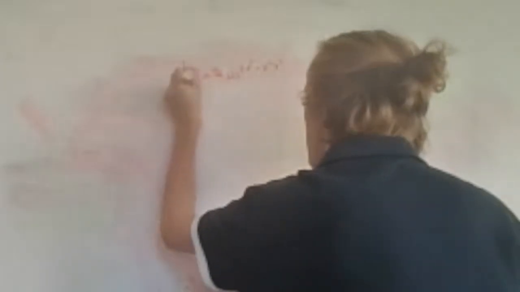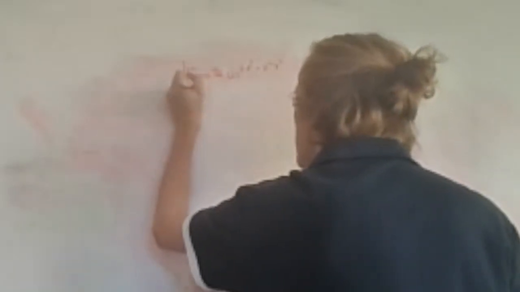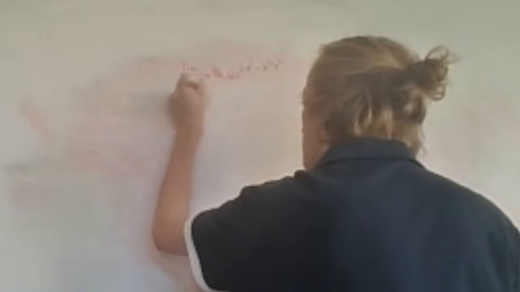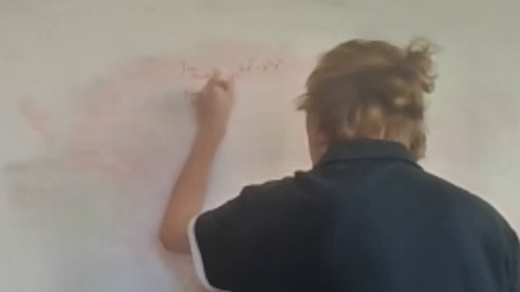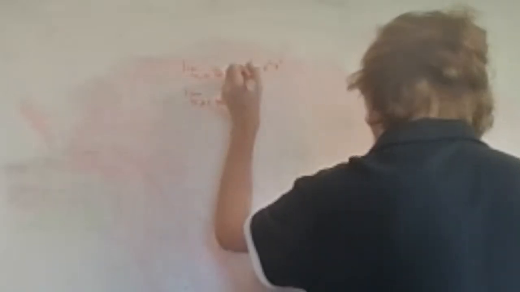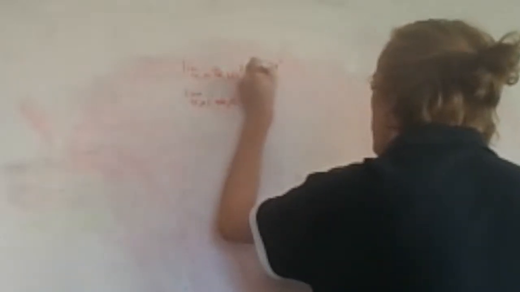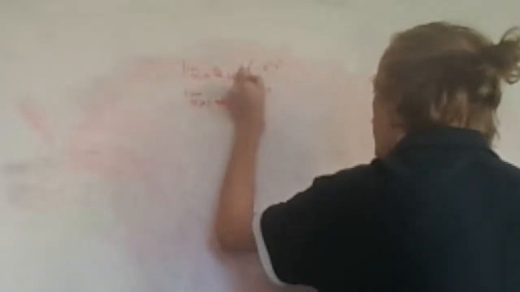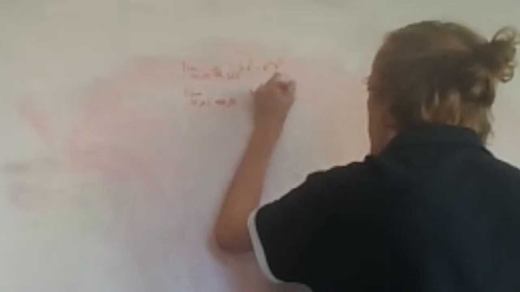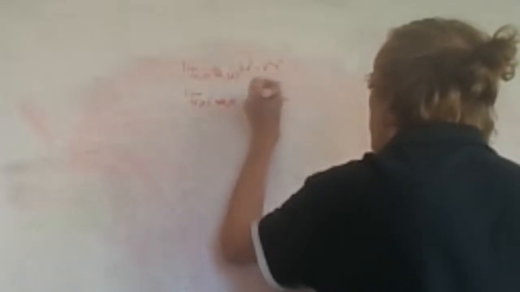And then we're also going to say the limit as (x, y) goes to (0, 0) of 6x cubed y over 2x to the fourth plus y to the fourth.